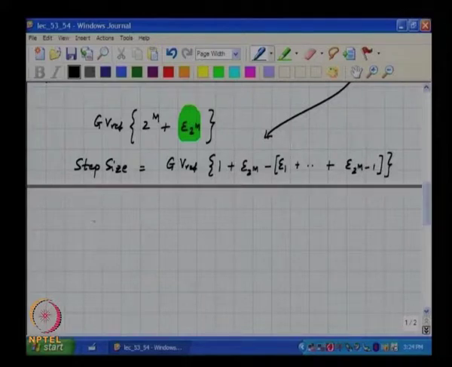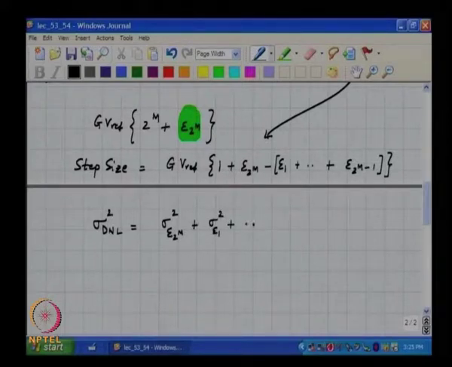All right. So, the sigma square of the DNL, normalized to the step size, is sigma square of e 2 to the m plus sigma e 1 square and so on plus sigma e 2 to the m minus 1 square. Does it make sense? All right.